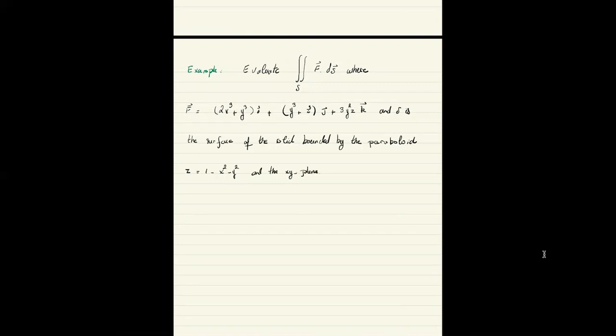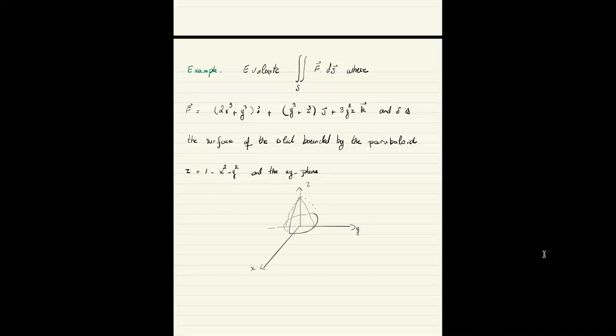Okay? So concretely speaking, this means that I'm in the 3D case. And I have this paraboloid here. Okay, and this is a kind of surface, right?